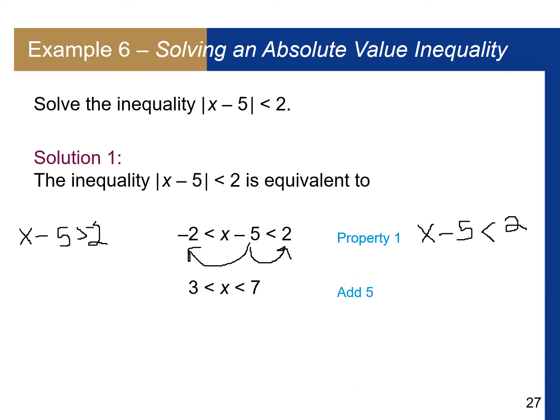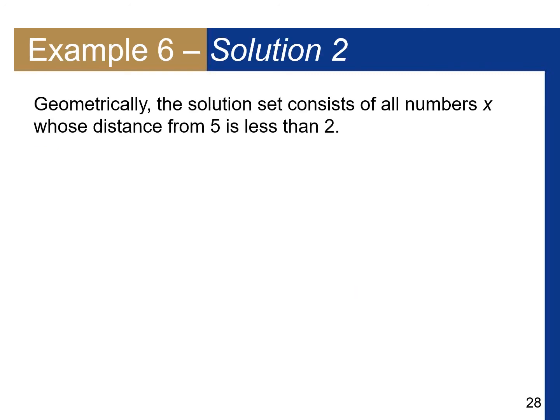Okay, here they just added 5 to both sides, not showing much work there. So the solution is greater than 3 and less than 7. Geometrically, the solution set consists of all numbers x whose distance from 5 is less than 2.